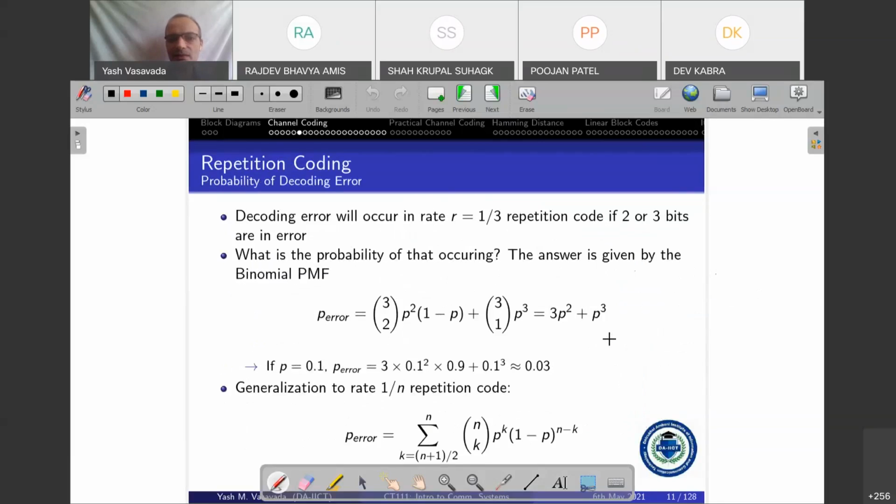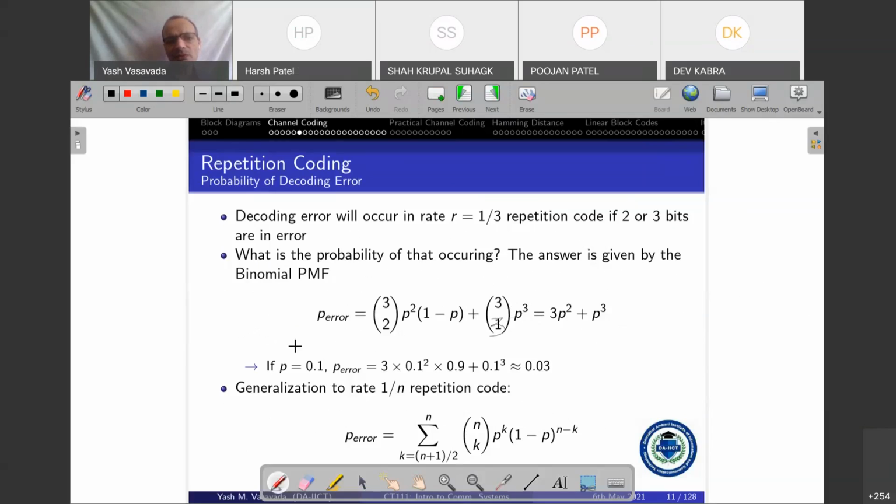And then the last line is 3 choose 3, sorry, it was a mistake earlier. 3 choose 3 is 1, and the corresponding probability is p cubed. So you get this final answer.